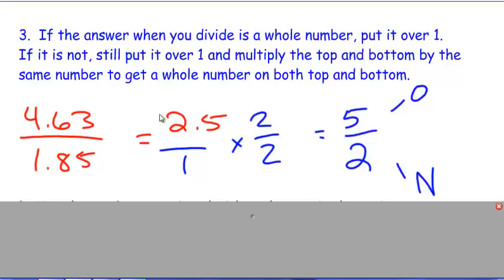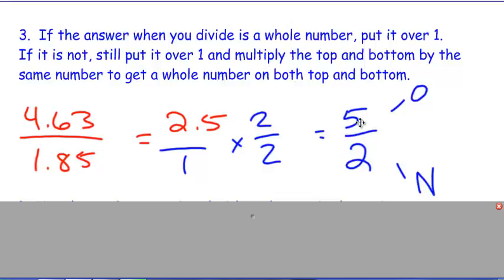Now since I'm dealing with 2.5, it's the decimal portion that I'm going to look at. 0.5 is the same as a half. If I multiply a half by 2, that's going to give me a whole number. In this case, I'm going to multiply by 2 on the top, 2 on the bottom. 2.5 over 1 times 2 over 2 gives me the equivalent fraction of 5 over 2.